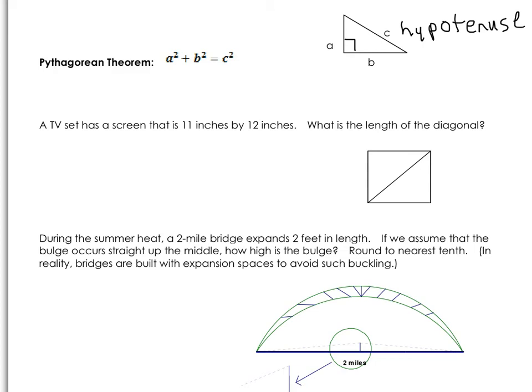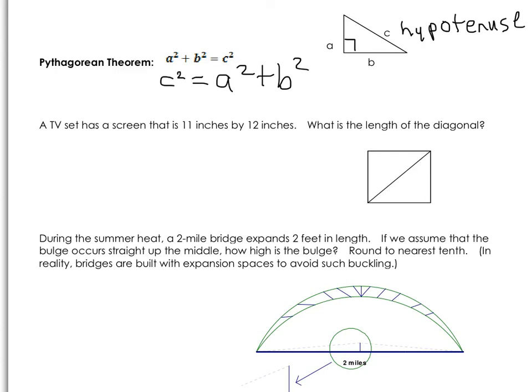You can say it either way, or A squared plus B squared equals C squared. The hypotenuse is the longest side. It is the side opposite the 90-degree angle. So C is on one side of the equation by itself.